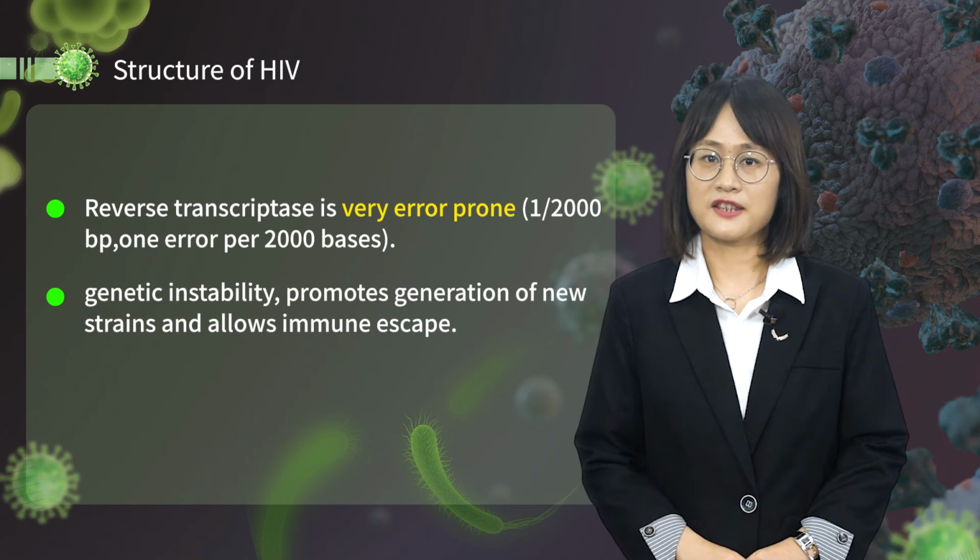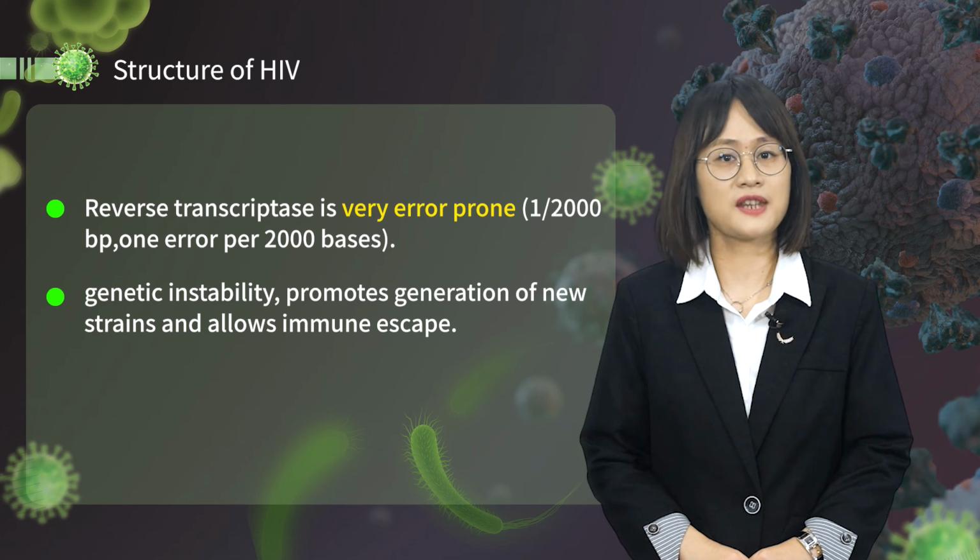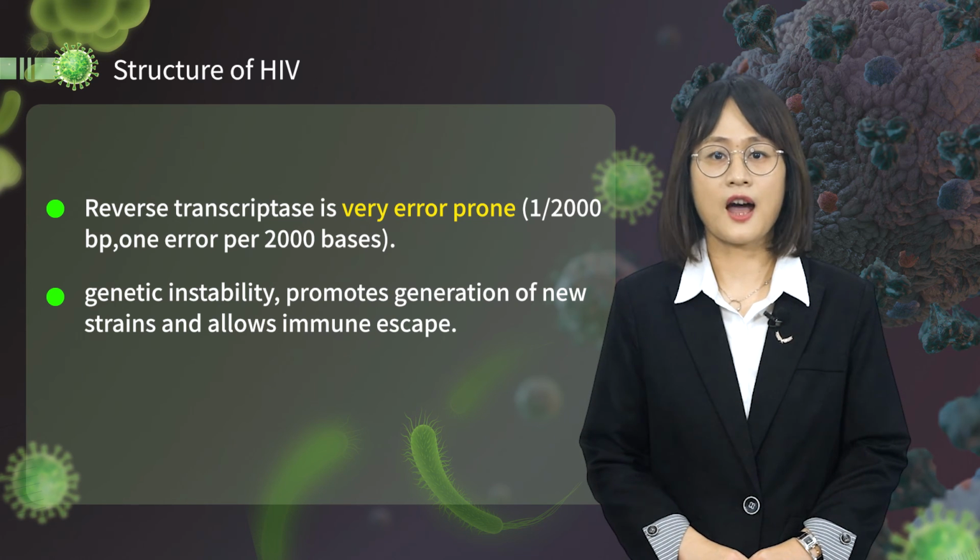The genetic instability is responsible for promoting the generation of new strains and allows immune escape. The integrase helps a cDNA copy incorporate into the host genome, and the protease enzyme is required to cleave precursor proteins into many viral peptides.